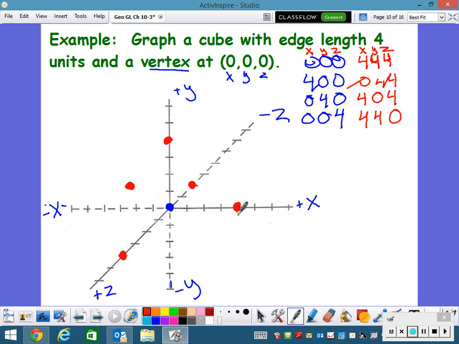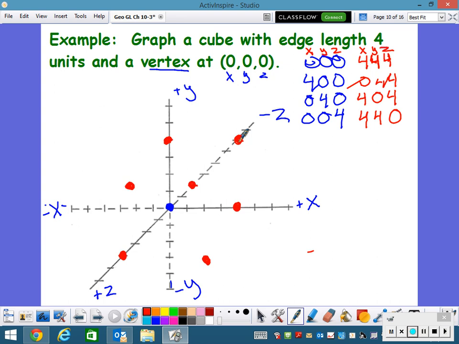Come out 4 towards yourself on the z-axis. 1, 2, 3, 4. Okay. And then the last one, 4, 4, 0, just means I'm going to go right 4 on the x-axis, up 4 on the y-axis, and I'm not going to do anything with the z-axis because it's a 0.